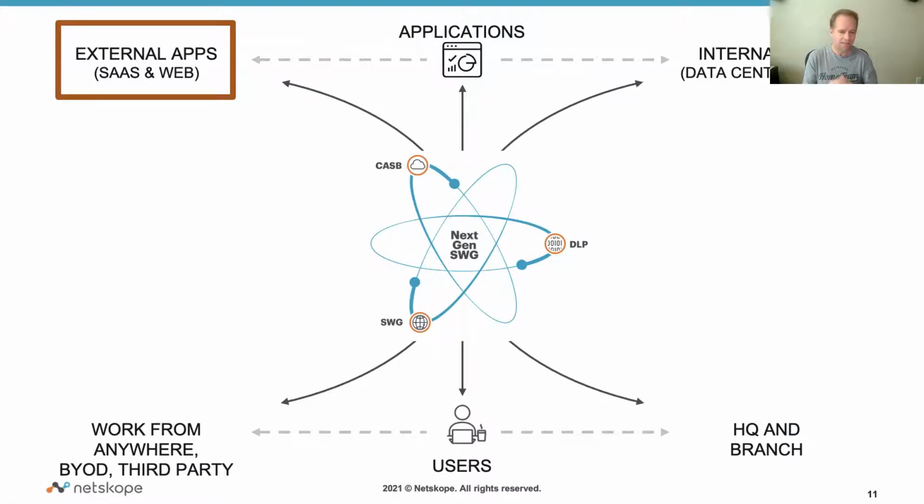Now, this is a cloud access security broker, which enables you to govern access to cloud applications, combined with a cloud secure web gateway that allows you to protect employees as they access websites, and then bringing in an industry-leading cloud DLP that allows you to provide advanced data protection for a variety of different use cases.